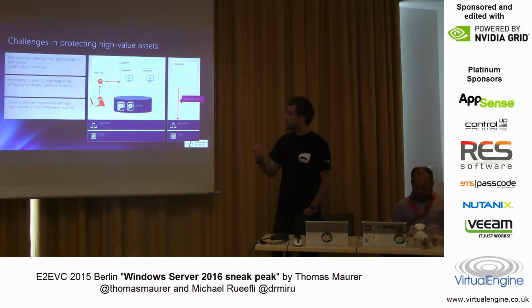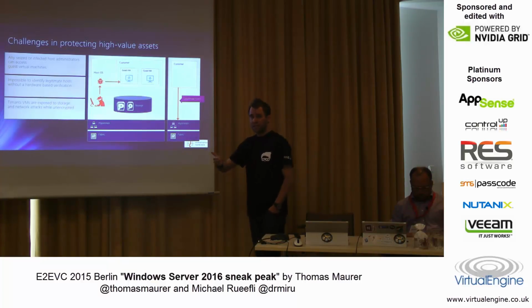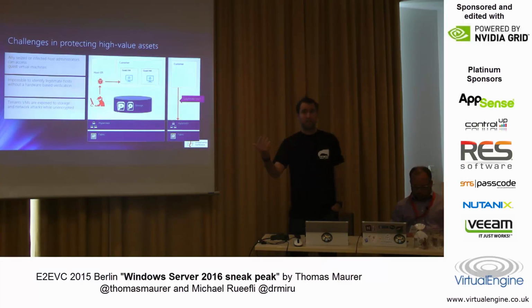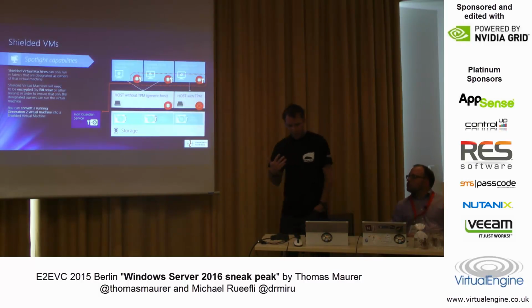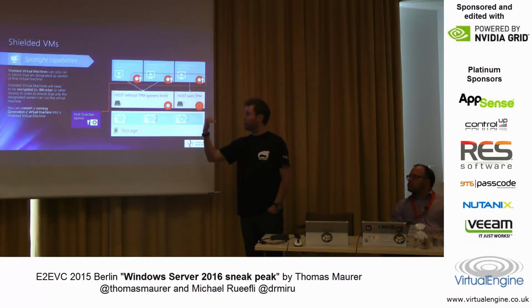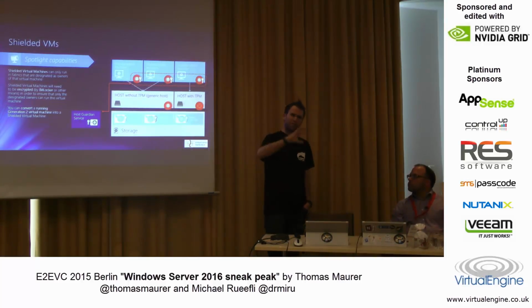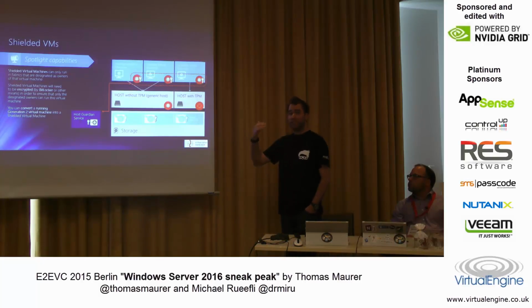And then we also have, if the storage admin gets access, for example, to my VHDs, or the network admin gets access to my network bandwidth, he can access the data as well, right? So we have to have a solution there as well. One of the solutions here is a bunch of security features. The term shielded VMs is probably the overall term, but there are a lot of other terms as well. This allows us to protect virtual machines, as I said. All the problems I listed here, with shielded VMs, we can have a solution for that.